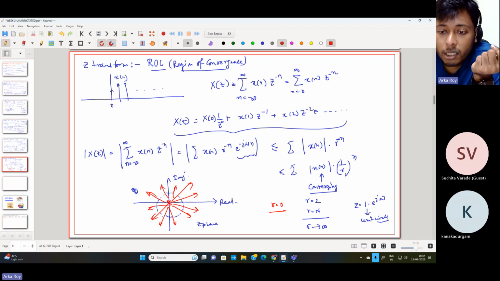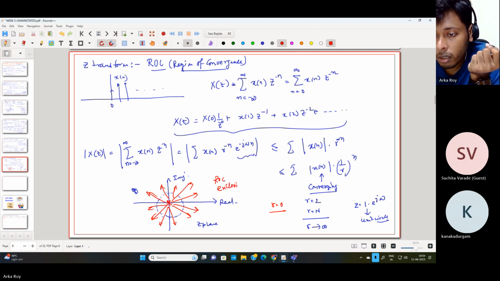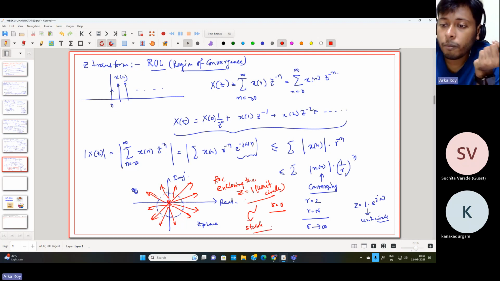And as the ROC is enclosing Z equals 1, that means the unit circle, we can say that this is stable. And there is one another observation for a right-sided sequence.